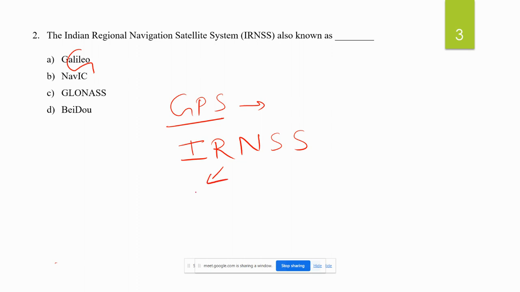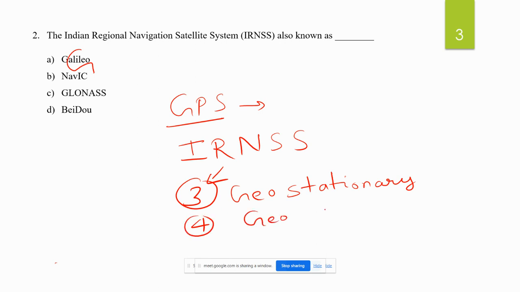It has three geostationary satellites and four geosynchronous satellites.